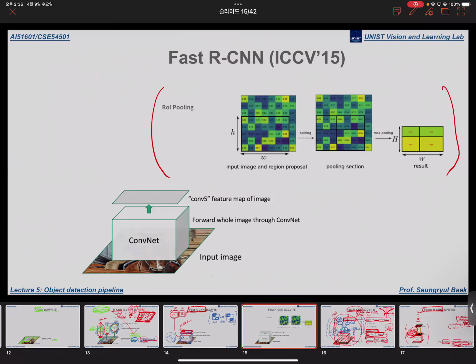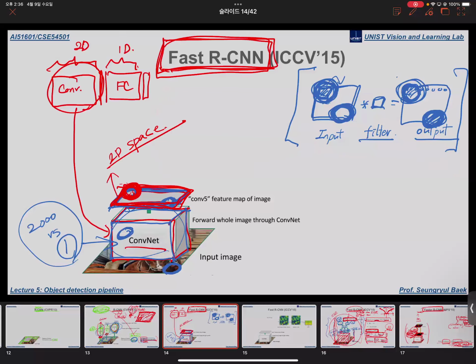In Fast RCNN, they apply the early layers of the CNN first, and then they can obtain a 2D feature map. In the 2D feature map, the spatial information is retained.